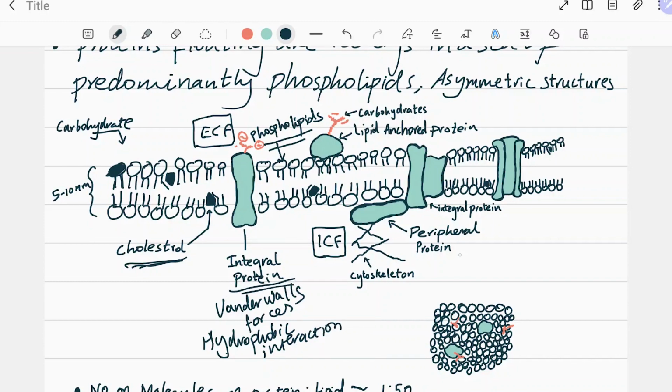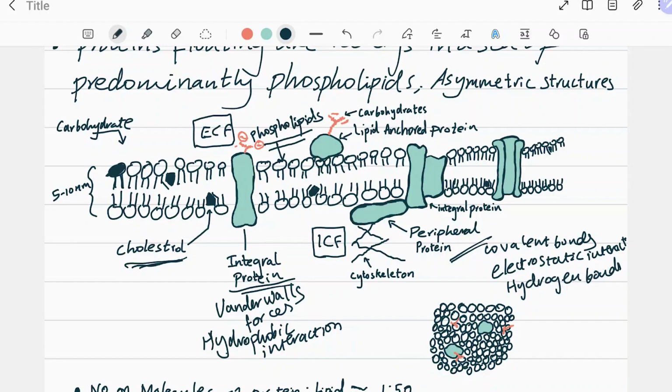For the peripheral protein, they are weakly bound by covalent bonds with your integral protein. So they are stuck to the integral proteins also, and by electrostatic interactions and hydrogen bonds that help with the peripheral proteins.